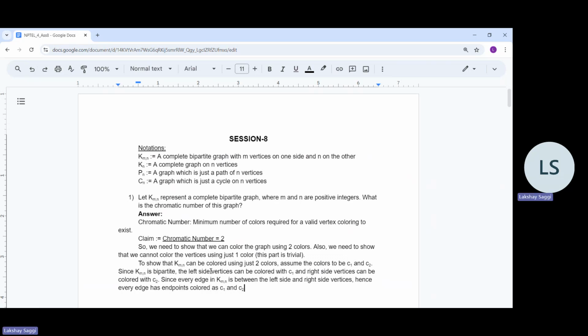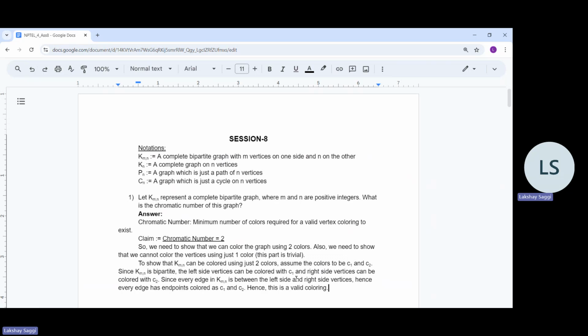One endpoint will always be C1 because it is on the left side, and the other endpoint will be C2 because it is on the right side. So this is a valid coloring using two colors.